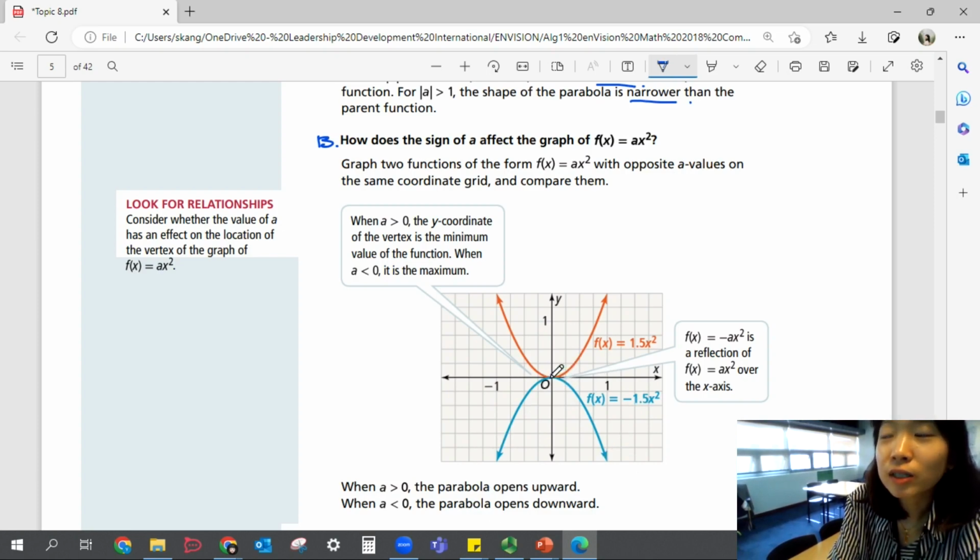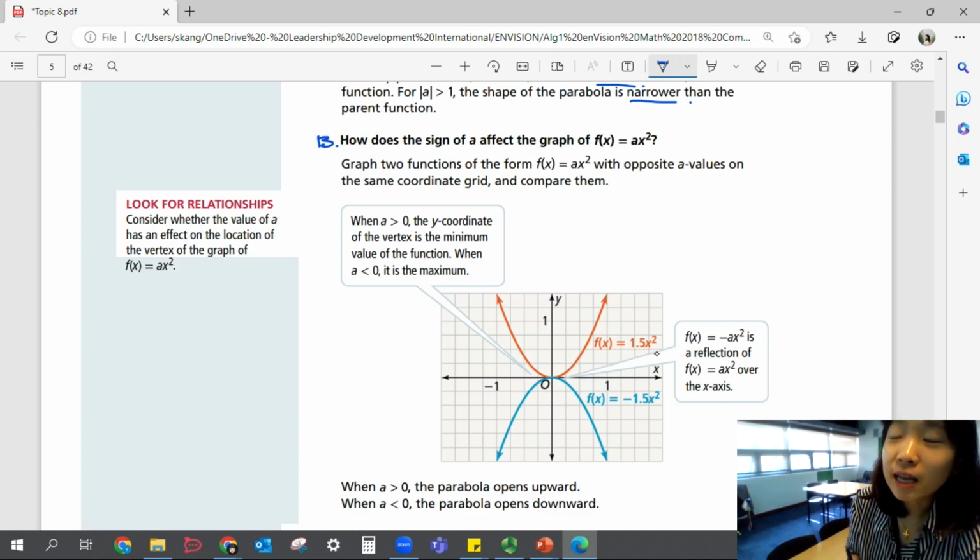That means you can start at the same vertex, but whatever the value of your y was, you have the negative of that, right? So it basically reflects your parabola, your parent function, over the x-axis, okay?